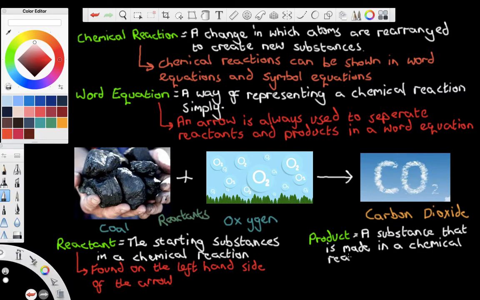Okay? Now, while reactants are found on the left-hand side of the arrow, products are found on the right-hand side of the arrow. So products are found on the right-hand side of the arrow.